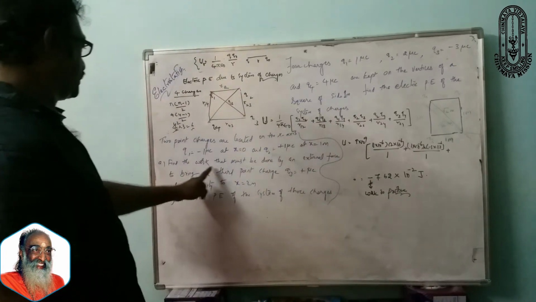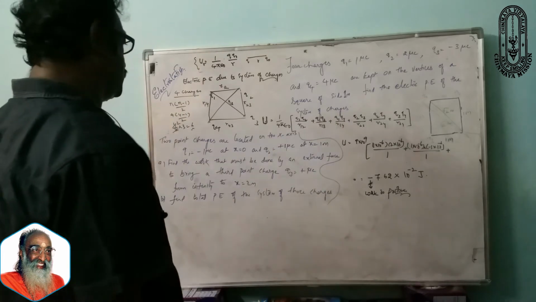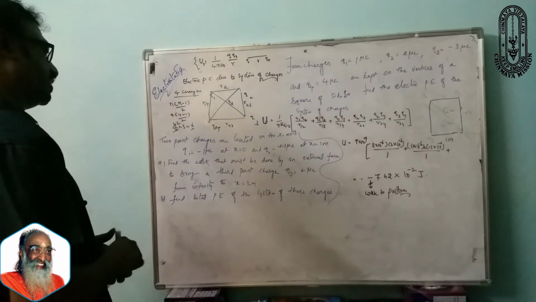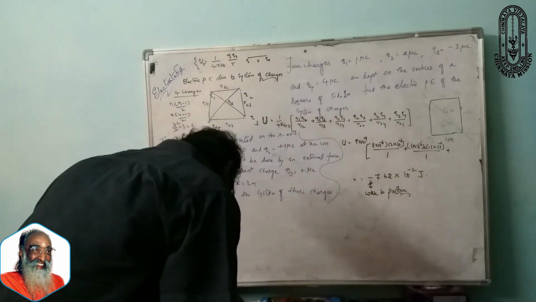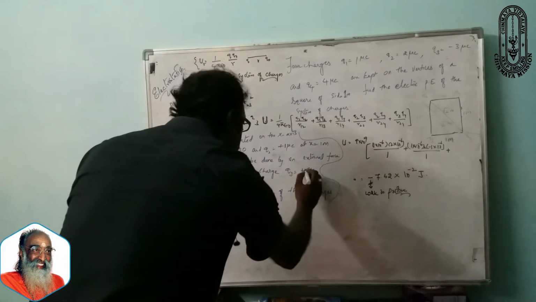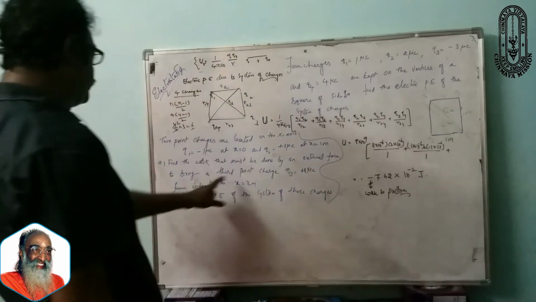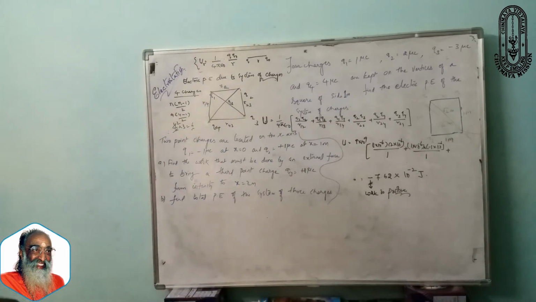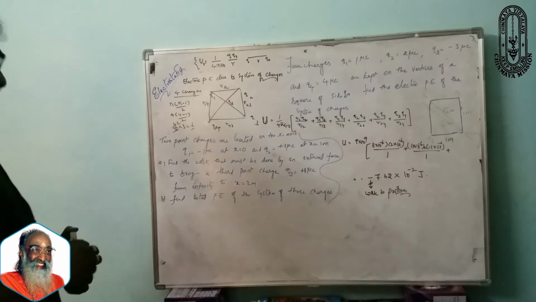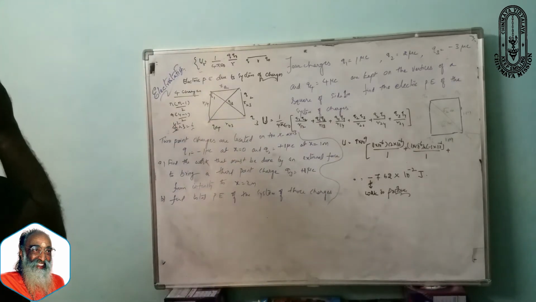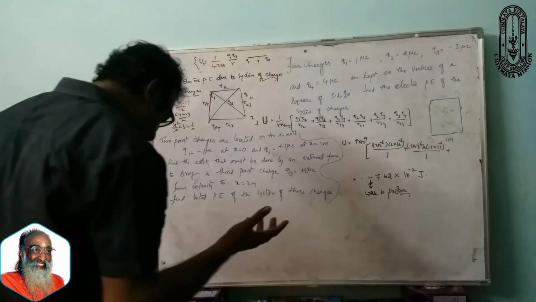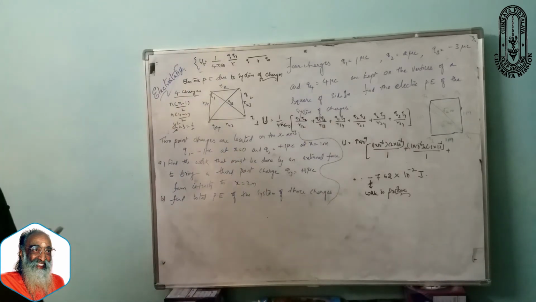Find the work that must be done by an external force to bring a third point charge Q3, which is 1 microcoulomb, from infinity to x equal to 2 meter. Find the total potential energy of the system of the three charges. So this is the question. I'll explain how to go with the problem, and you can do it easily.